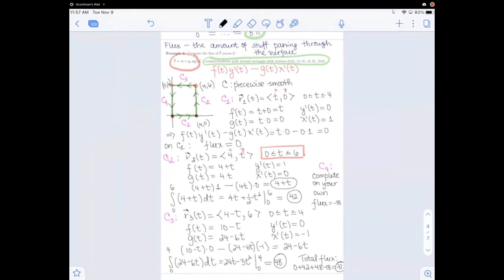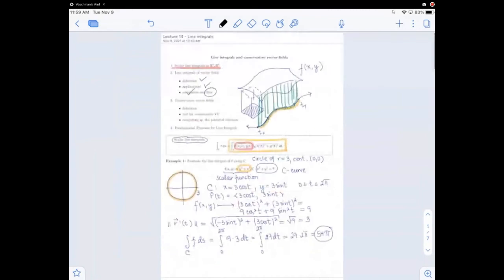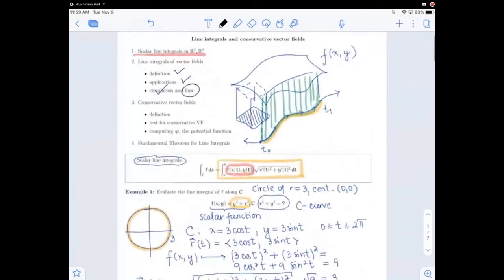No questions? Okay, then let's see. We are done then with this second part right here, line integrals of vector fields. We talked about the definition, a couple of applications, circulation, and flux.